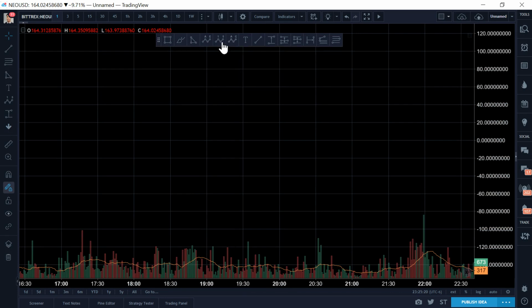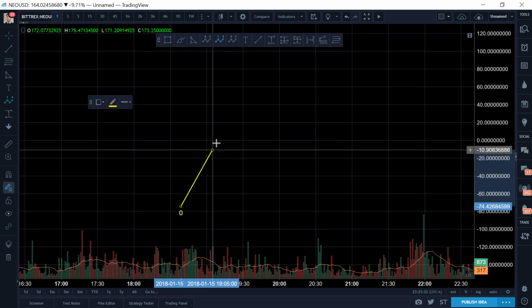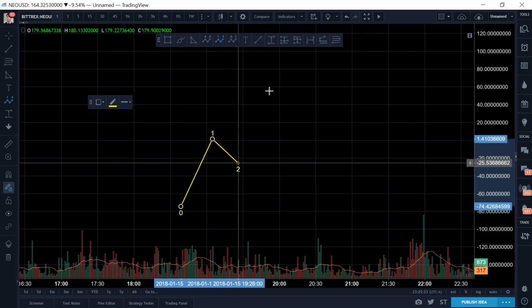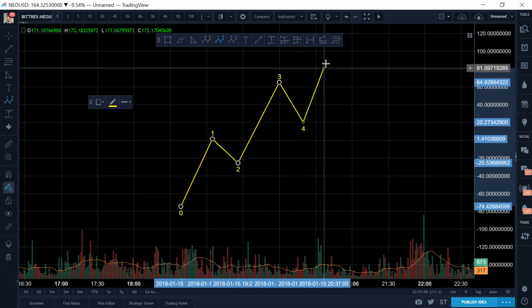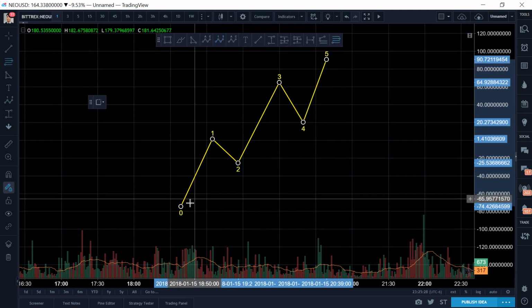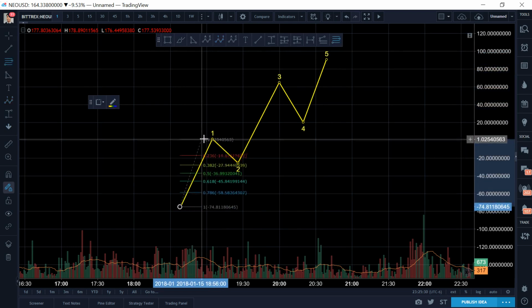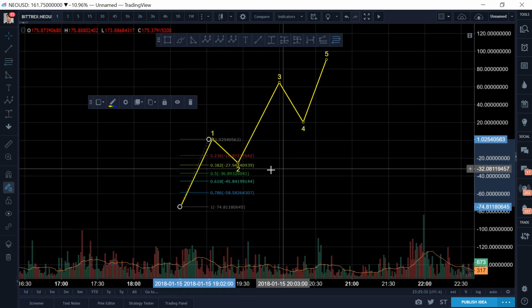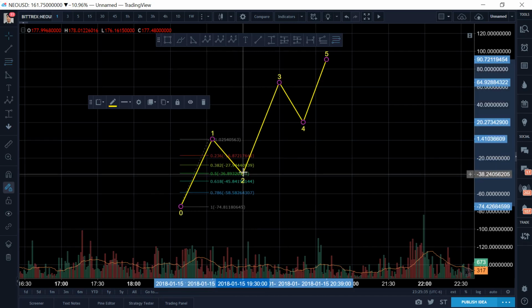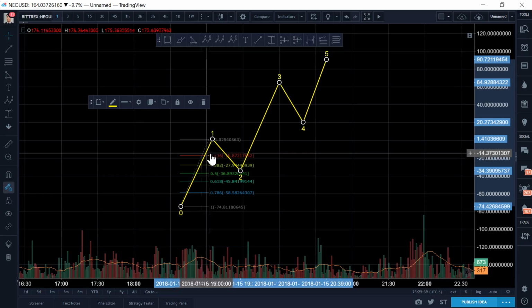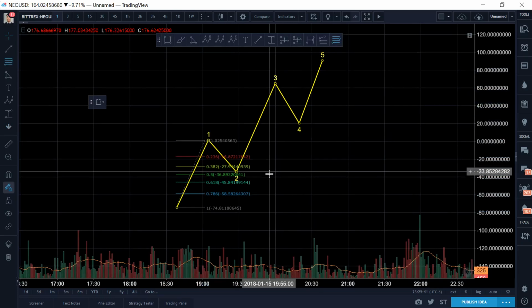One more thing that I want to note is this right here for Fibonacci, okay? Wave 2 is only affected by the Fibonacci level retracement of wave 1.